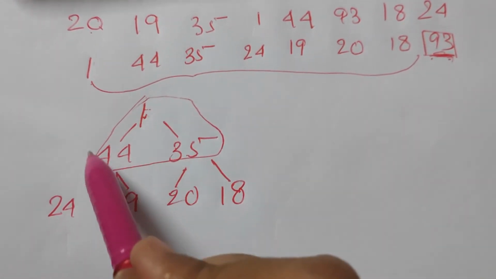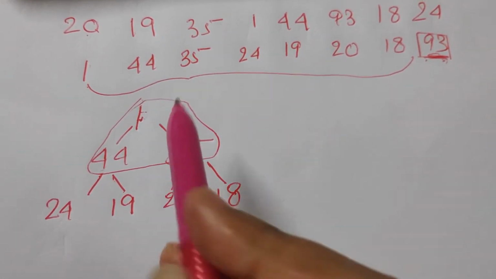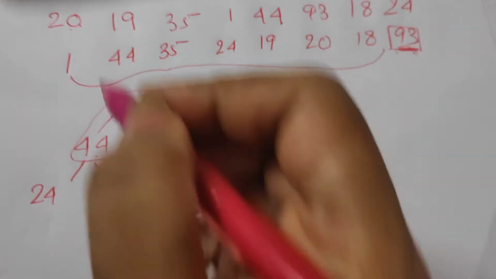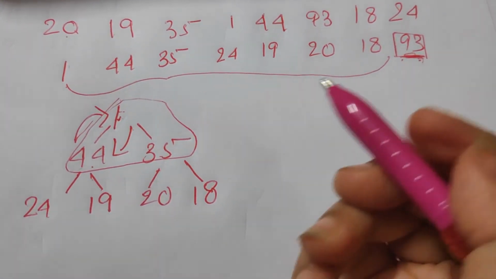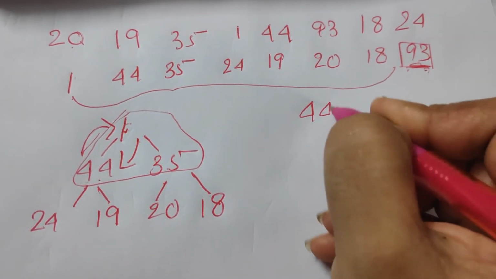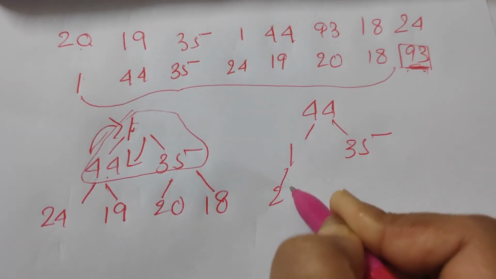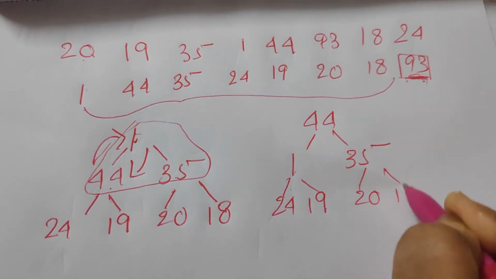So again we will find the maximum amongst these 3 nodes. The maximum among these 3 nodes is 44, and so 1 will get replaced with 44. So we will have 44, 1, 35, 24 and 19 as children of 1, 20 and 18.